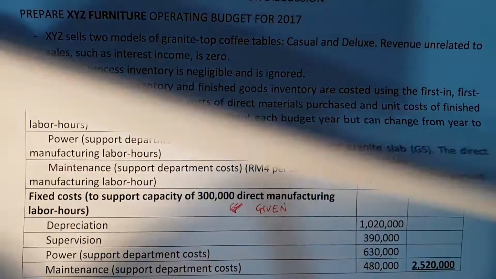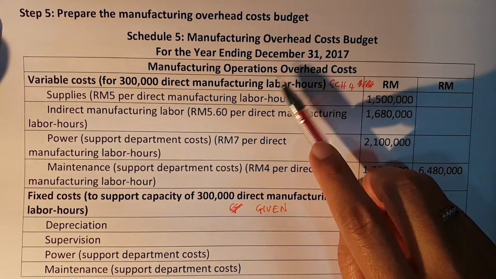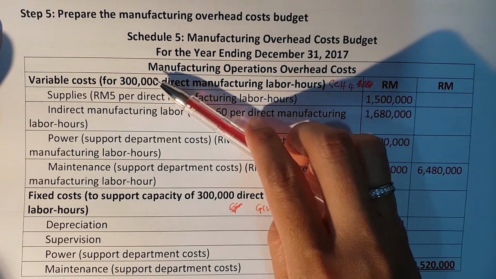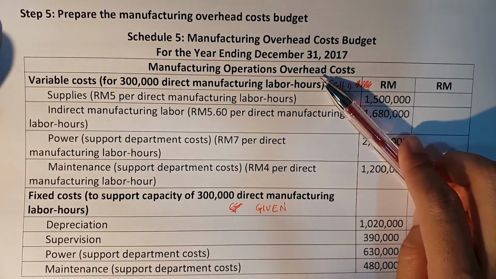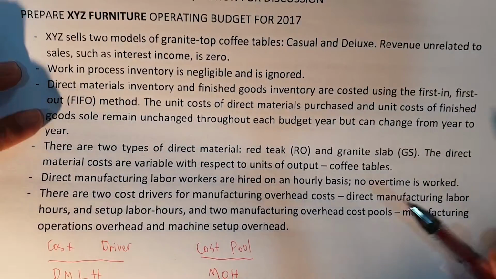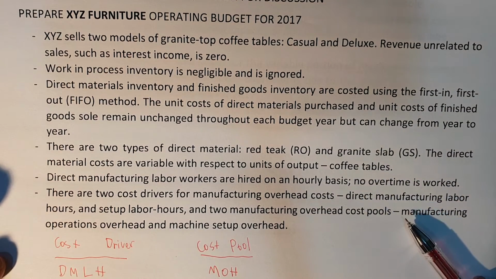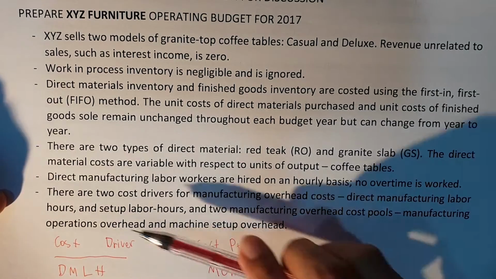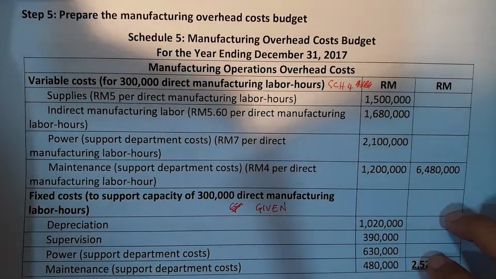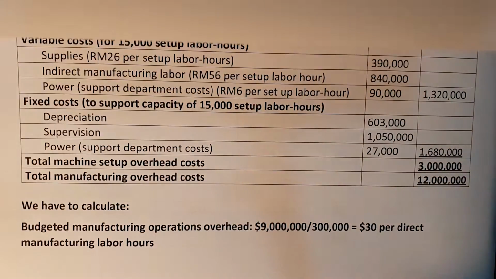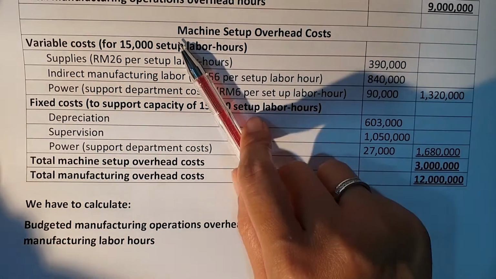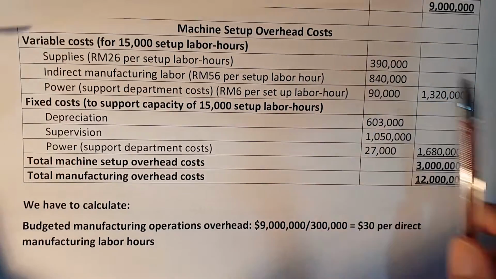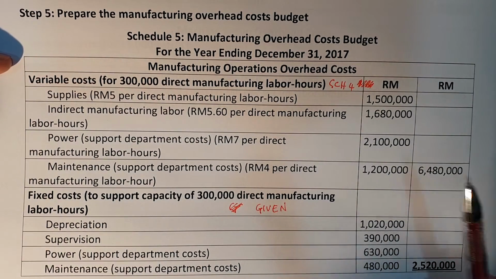So in manufacturing overhead cost budget in schedule 5, we also need to have 2 parts. The first one is on manufacturing operations overhead cost, in response to our direct manufacturing labor hours, as well as setup labor hours. The second part of schedule 5 is a table on machine setup overhead cost. We look at this one by one.